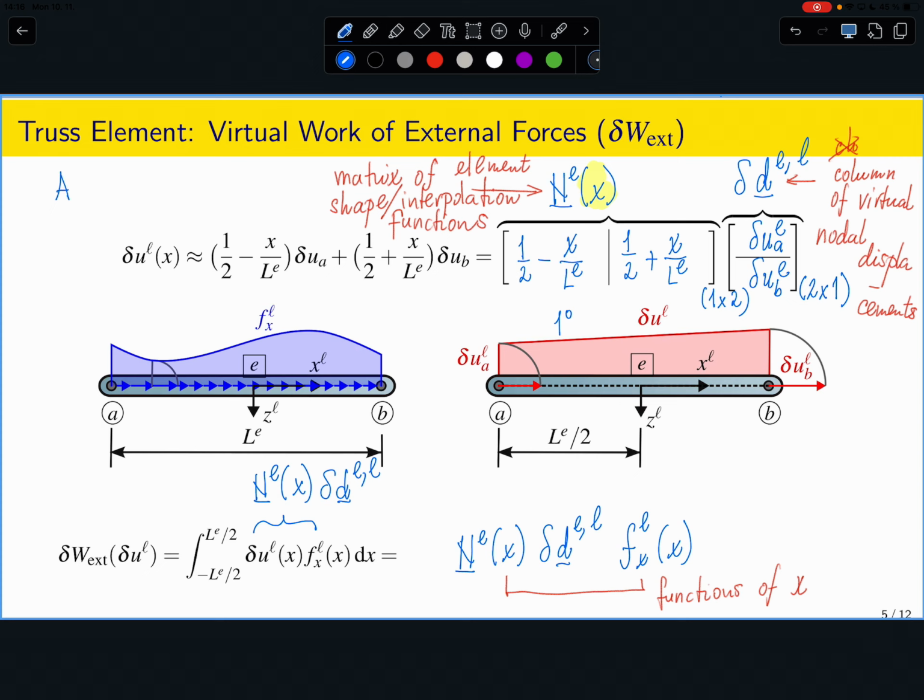Because matrix multiplication is not commutative. So it very much depends what is the order in which you multiply the individual matrices. So this holds in some cases, but in general doesn't hold. And it does not hold in this case, because if I do this n times d, I will get one number. If I do d times n, I will get a 2 by 2 matrix. And there is no way in the world how these two can be the same, because they have just different dimensions. So I need some different trick.